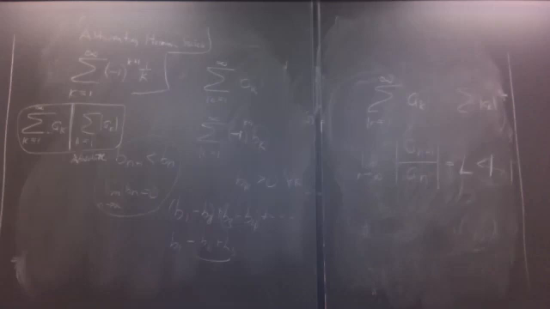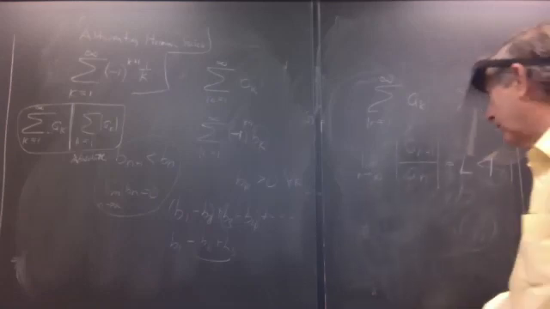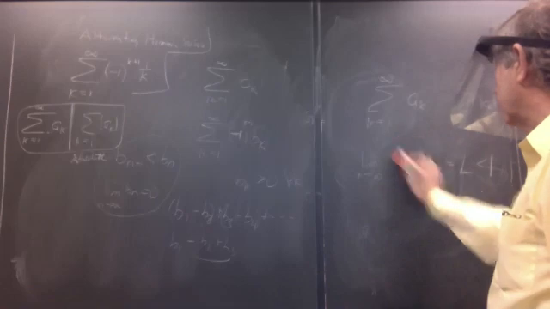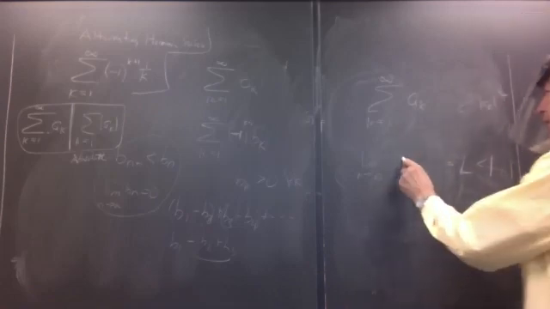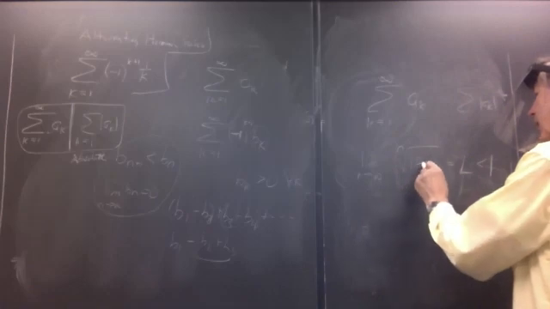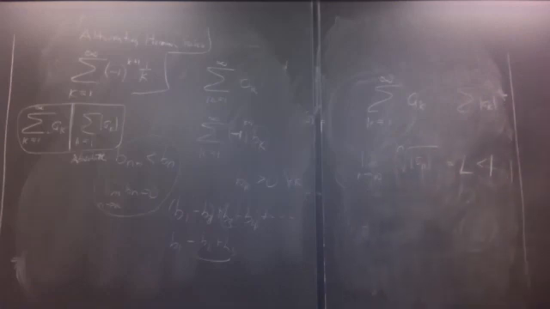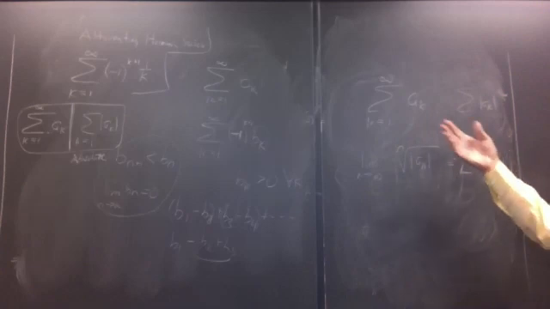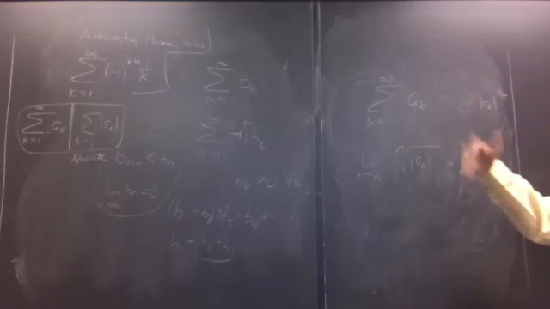The root test says, because they're very similar, but you use them on different series, take the nth root of the absolute value of the nth term. If that limit is less than 1, the series converges absolutely. If it's greater than 1, it diverges. If it equals 1, you punt.